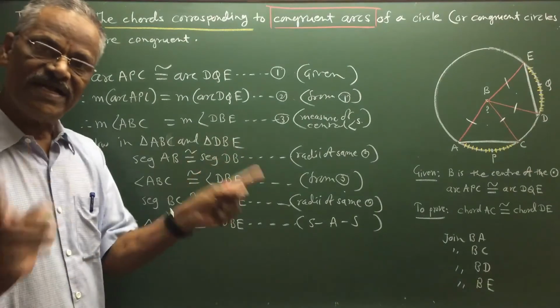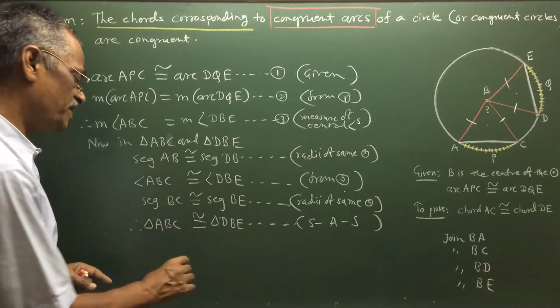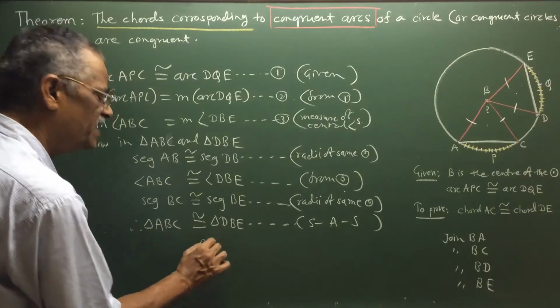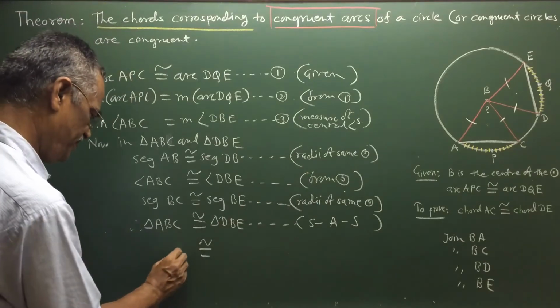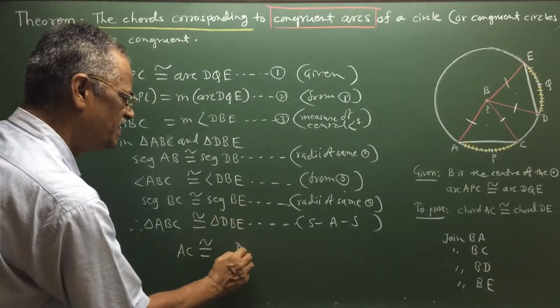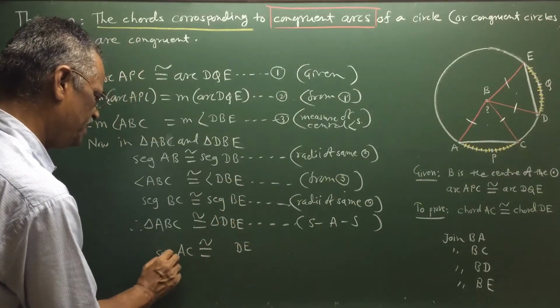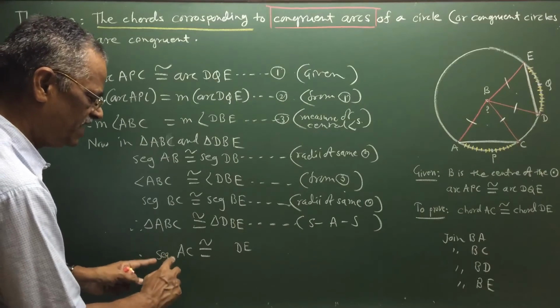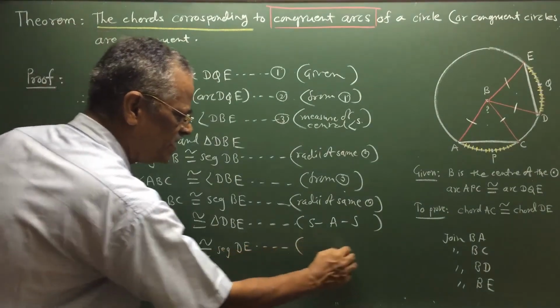If two triangles are proved congruent, then the corresponding elements are congruent. What are the corresponding remaining elements? AC must be congruent with DE. So this is the reason. Therefore, segment AC and segment DE are congruent.